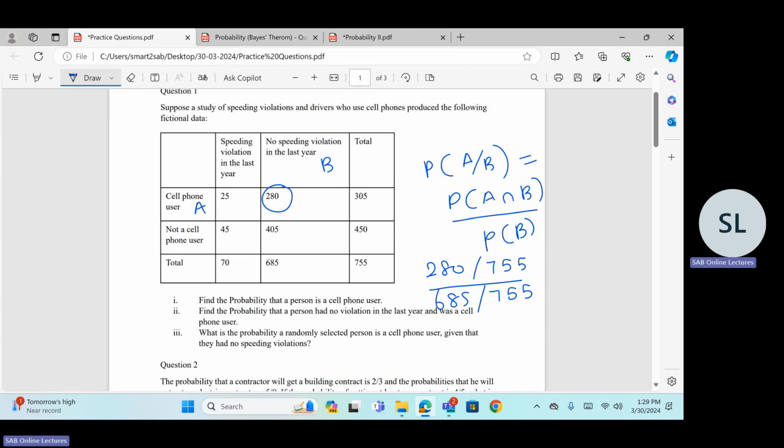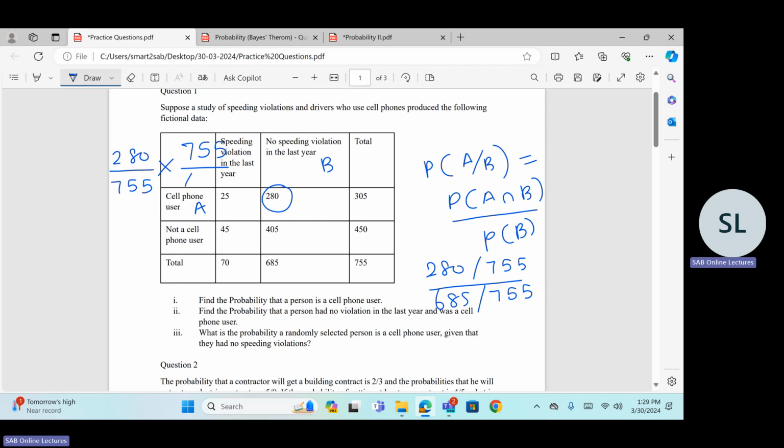Then what happens? In the division of fractions, this one is 280 over 755, divided by this fraction, we put the multiplication sign and write the reciprocal of that particular fraction. Reciprocal means change the numerator and the denominator.